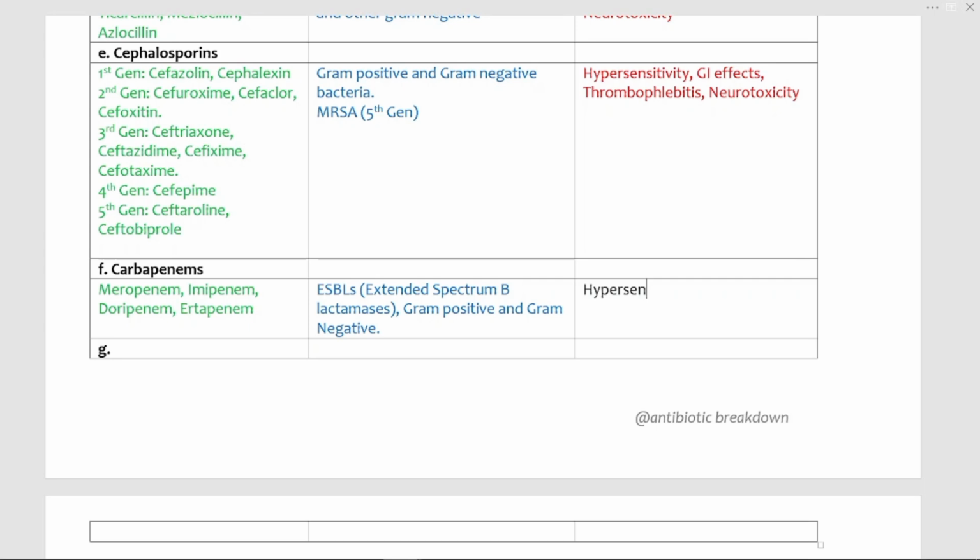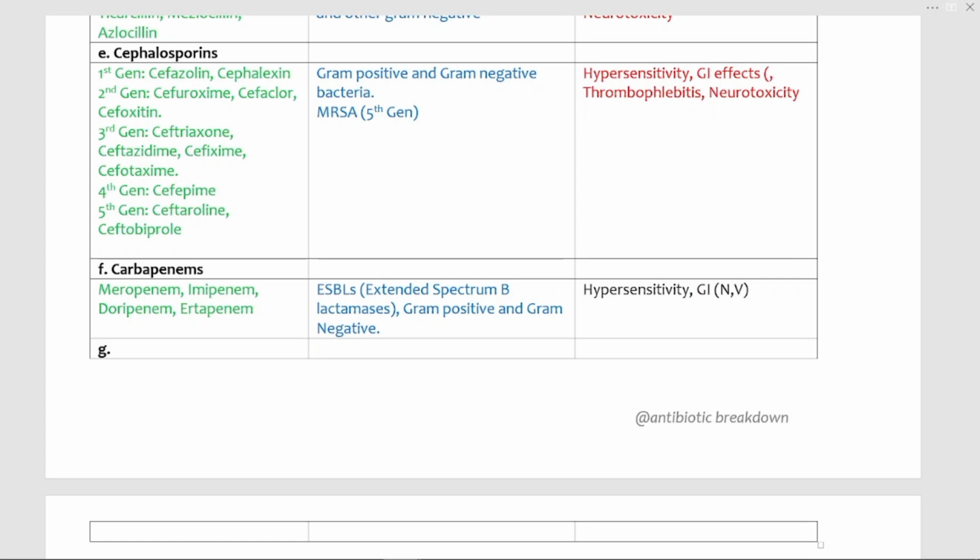Hypersensitivity is one of the major side effects. Also, the GI distress. It may cause nausea, vomiting. There's one thing that I want to touch on. Going back to cephalosporins, they may also cause nausea and vomiting, especially ceftriaxone.